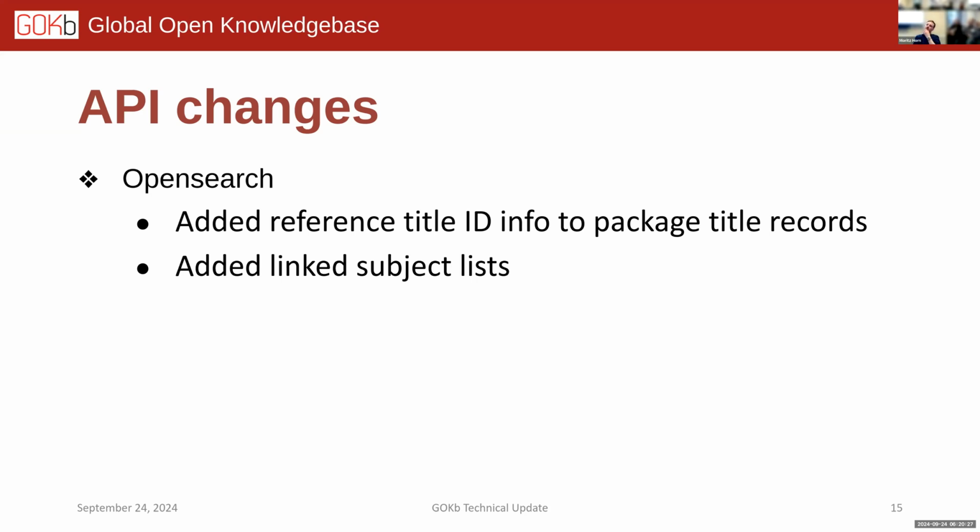One issue we had reported was that when retrieving title level information in a package-based context, there was an issue in the OpenSearch API, which was that we separated package level title information and global title level information quite strictly.